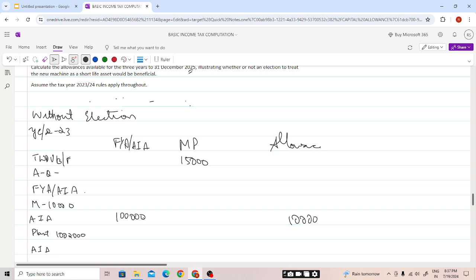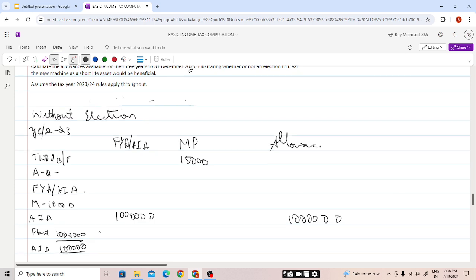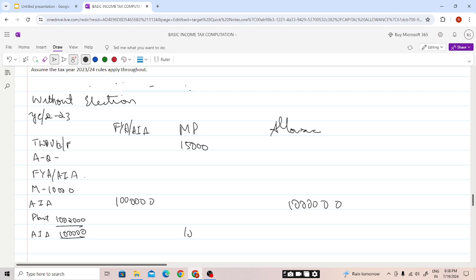The total, because this is only up to the limit of 1 million. So the rest balance will go to the main pool, that is 12,000.